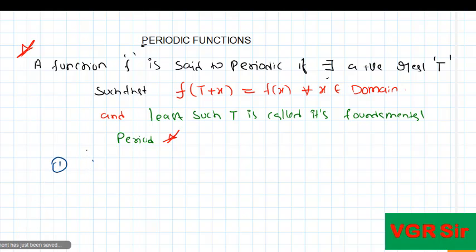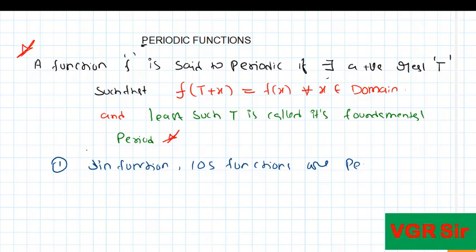I will write: sin function, cos function are periodic functions with fundamental period 2 pi.